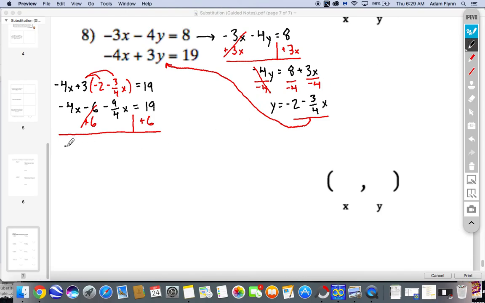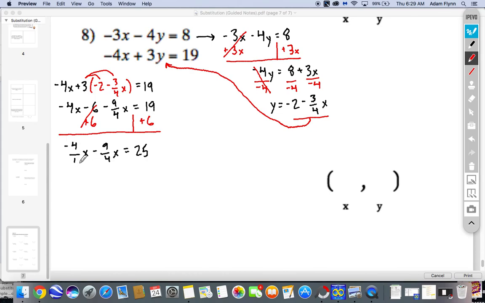So I have -4, but I'm going to prepare this to combine this with my other x. So to add fractions, we need a common denominator. So I'll put it over 1 for now. And then I've got -9 over 4x. So -9 over 4x equals 19 plus 6, which is 25. Okay, so as I just said, we need a common denominator because we are subtracting fractions.